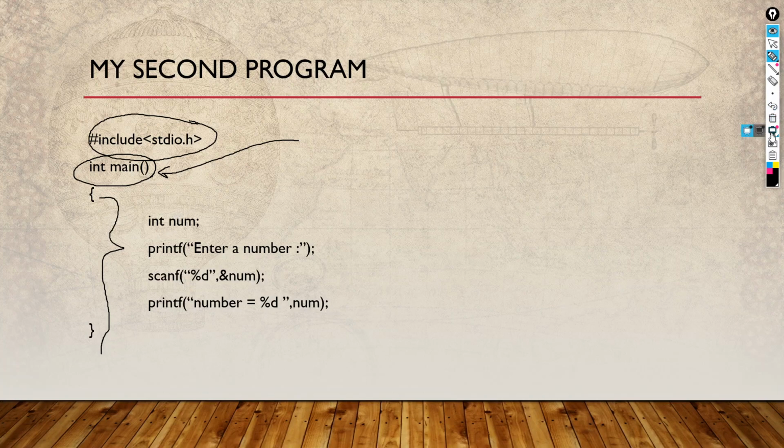Now what I'm doing in this program: I've declared one variable, int num. It creates 4 bytes of memory in the RAM. Now printf enter a number. In the console we can see enter a number.